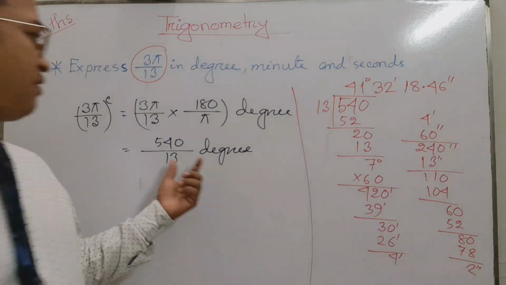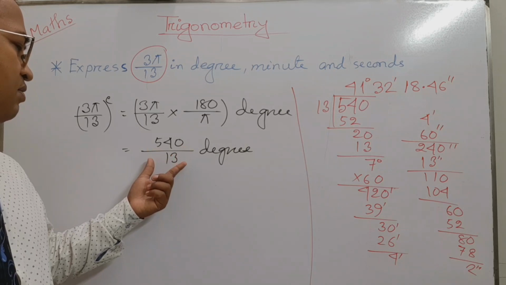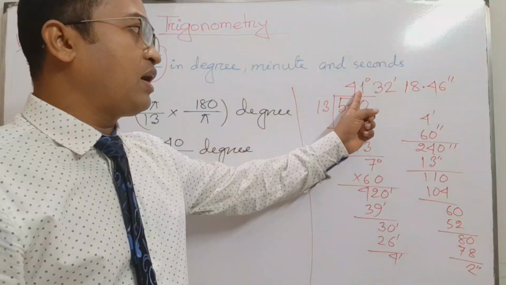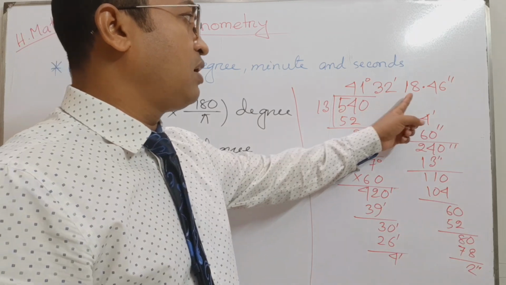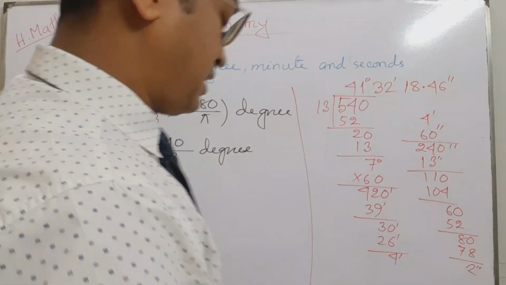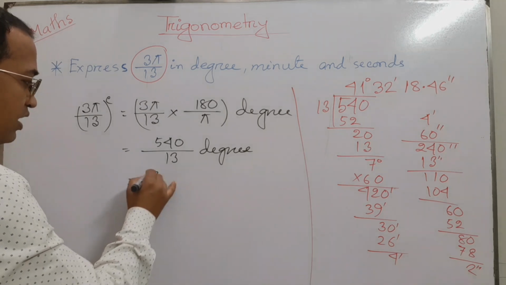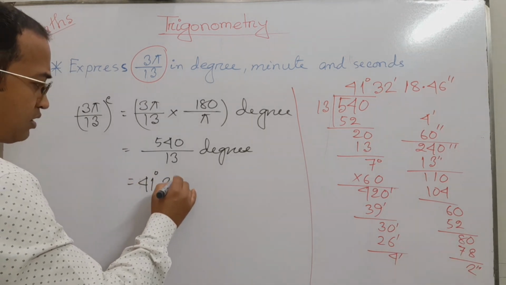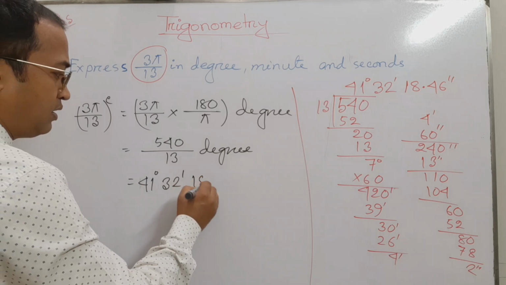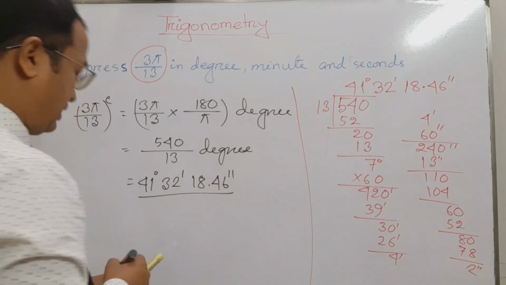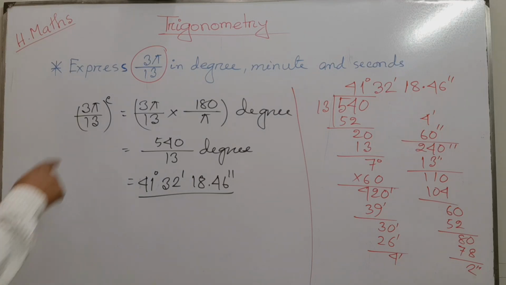If you divide 540 by 13, you will get 41 degree 32 minute 18.46 second. So our ultimate result is 41 degree 32 minute 18.46 second. This is equal to 3 pi by 13 radian.